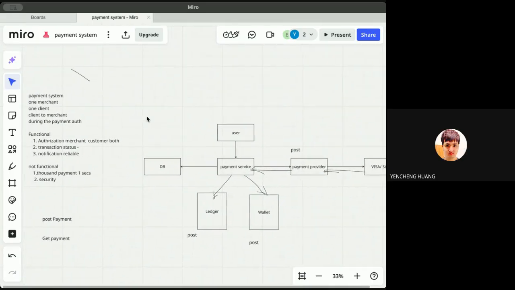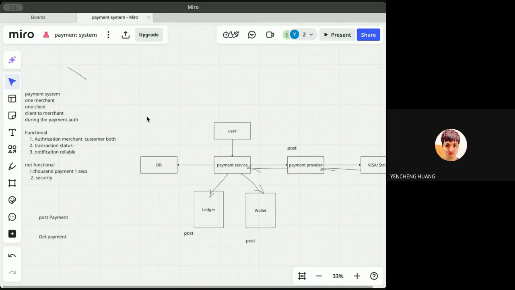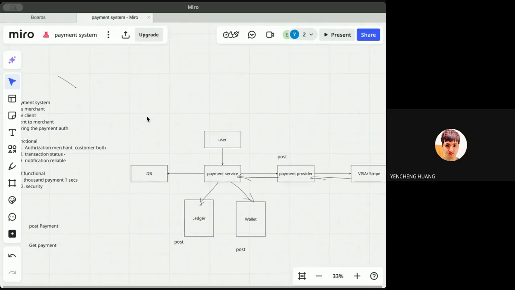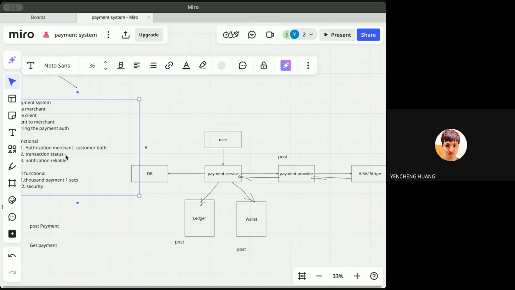So I record the transaction status from Visa, and there are three types: executed, finish and fail.